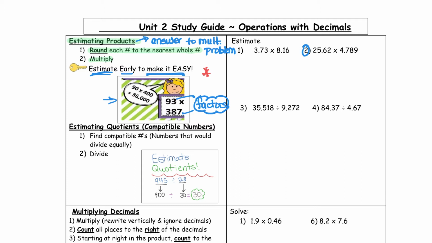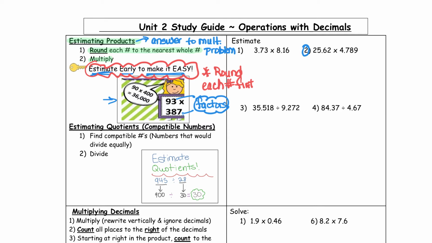Anytime you estimate or round, you must round each number first. Some of you are multiplying or dividing, and then you're rounding your answer. That's not how we estimate or round. We estimate early. Remember, the early means do it first.